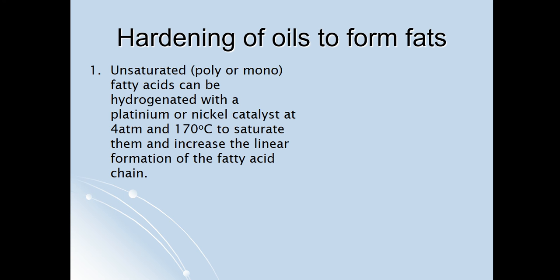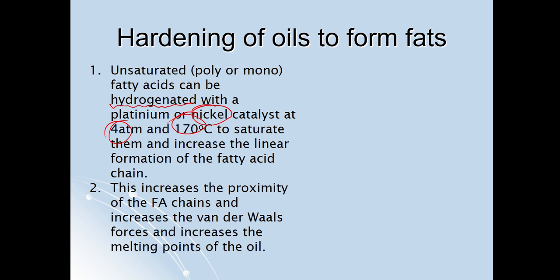Now, we can harden these oils, and hardening oils means basically turning them from a liquid into a solid. We've done this chemistry at AS level. So this is where we take our hydrogenation of a carbon-carbon double bond with our platinum or nickel catalyst at about 4 atmospheres, 170 degrees Celsius, give or take a bit. And this increases the proximity of these fatty acid chains to each other.